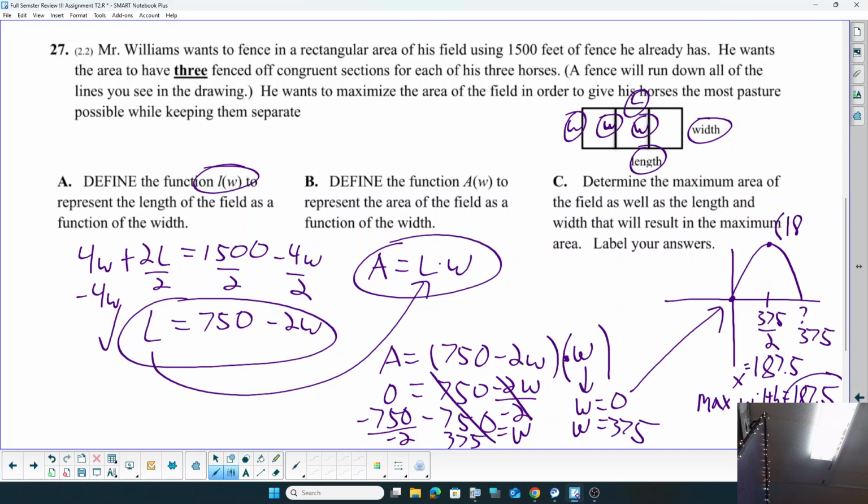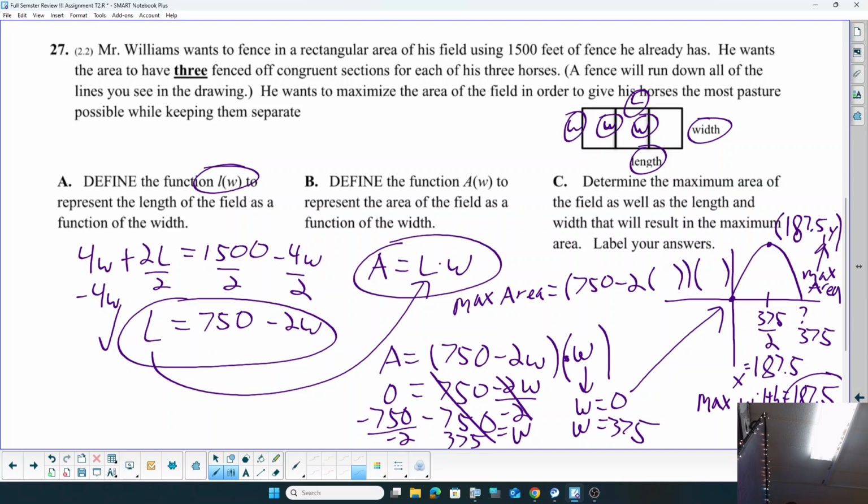Now we just need to find the y value, that's the max area. How do we find that? Algebraically, we can just plug it back into the original equation. So the max area is going to be equal to 750 minus 2 times W, and then times W again.